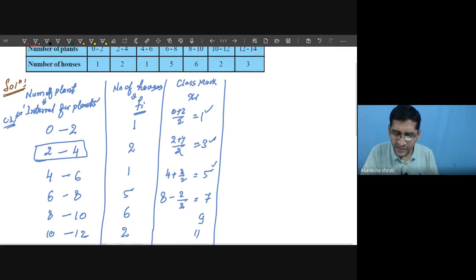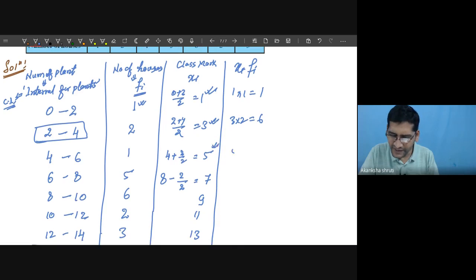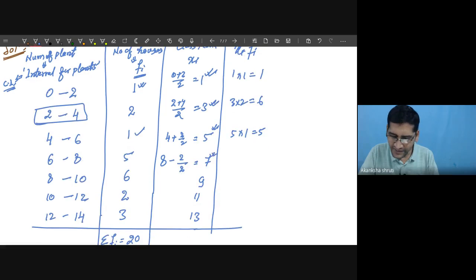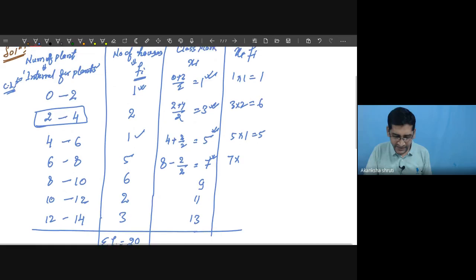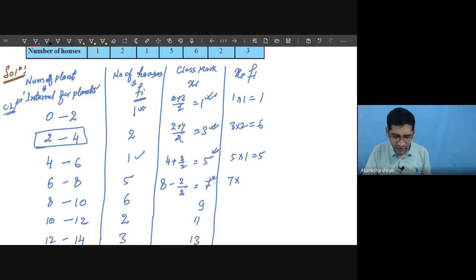Now we have to calculate xi Fi here. Means xi is 1, multiplied by the frequency 1. It is our 1. Go for multiplying this 3 with the frequency 2, it is 6. Go for multiplying the 5 with the frequency 1. It is 5. Go for multiplying this 7, which is xi, because this xi is acting as the representative of this class.